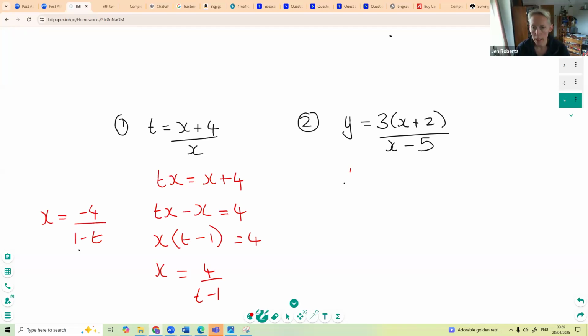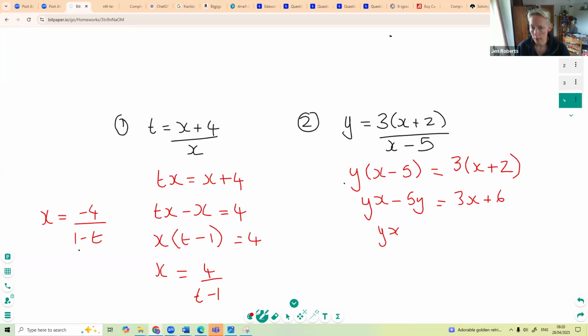Times both sides by x minus 5. Expand your brackets. So I'll expand my brackets on the next step, I think. Bring everything with an x onto the left-hand side by taking 3x off both sides and adding 5y to both sides.